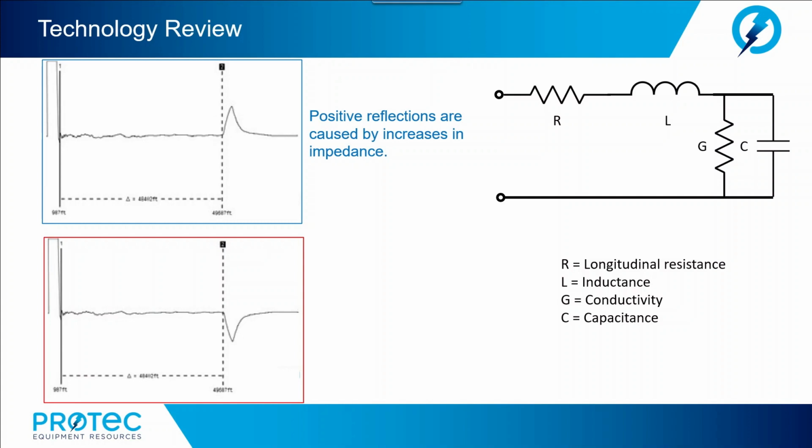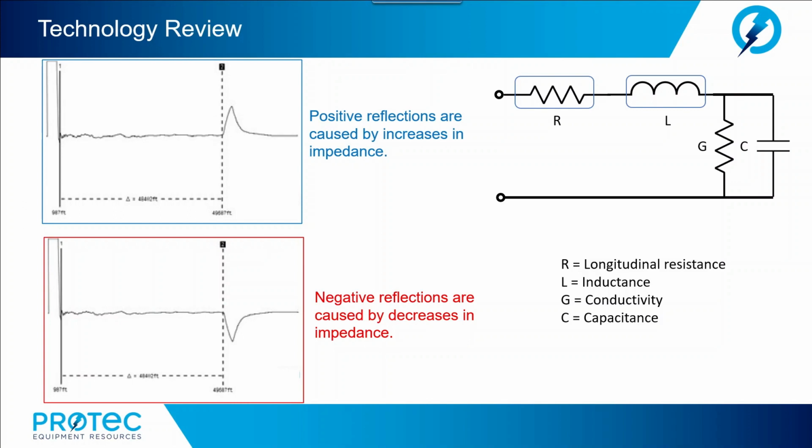This will occur if the longitudinal resistance were to increase or if the conductors go farther apart, causing an inductive change. Negative reflections are caused by decreases in impedance. This will occur if the conductance or capacitance change as the conductors get closer together, causing a capacitive change and lowering of impedance.